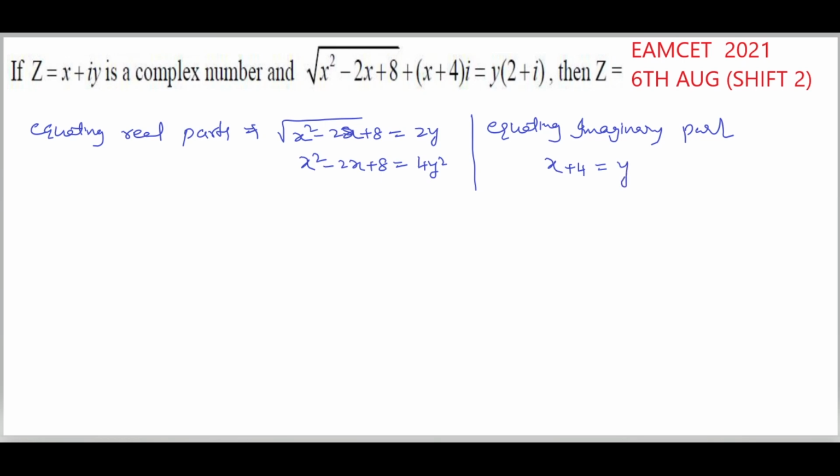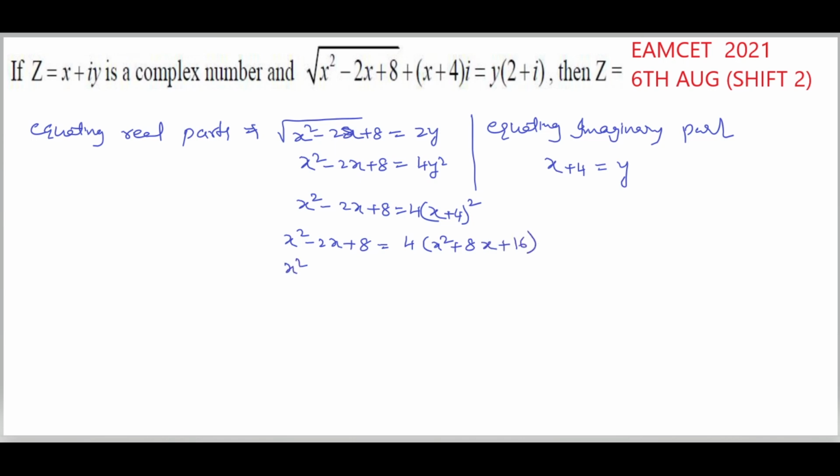Here the y value is x plus 4, substituting in this equation, that is x square minus 2x plus 8 is equal to 4 into y square. Y value is x plus 4, that is x plus 4 whole square. So x square minus 2x plus 8 is equal to 4 into x square plus 8x plus 16.